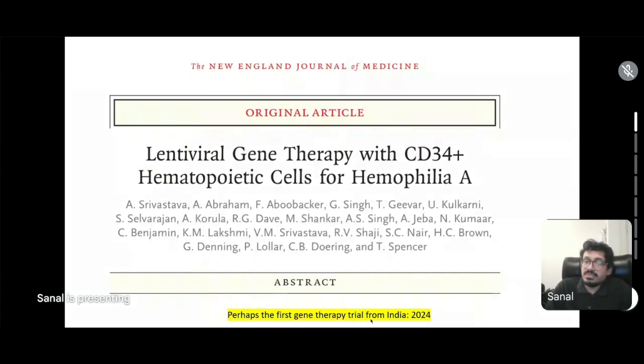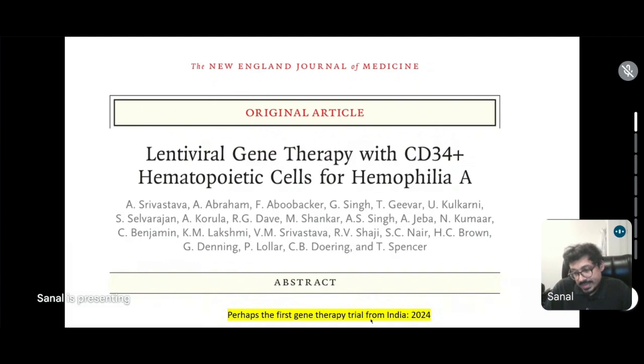Now there are better methods which are less damaging. So you can use certain drugs like busulfan, for example. Such an approach was used in this trial to myeloablate the bone marrow.